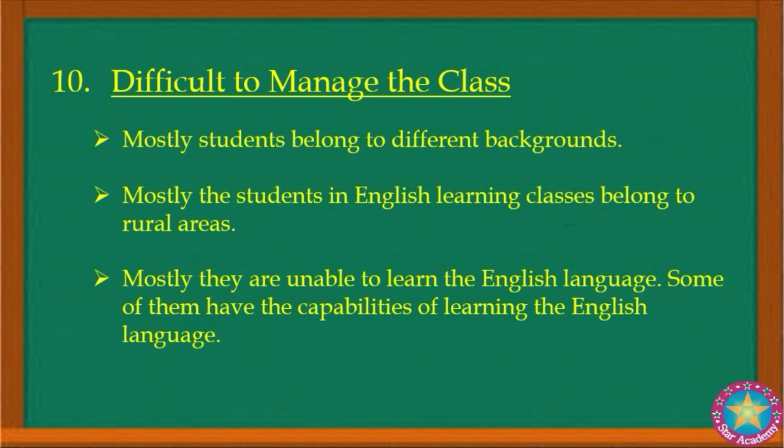It is very difficult for them to learn the English language. Mostly they are unable to learn it. Some of them have the capabilities of learning the English language. Then it becomes very difficult for the teachers to manage the class and keep all the classes going in the same way.